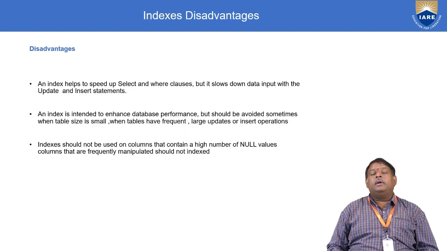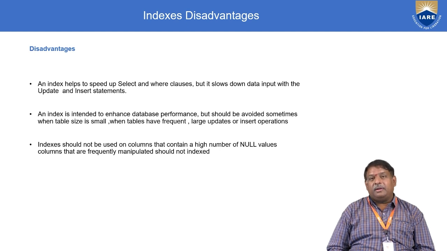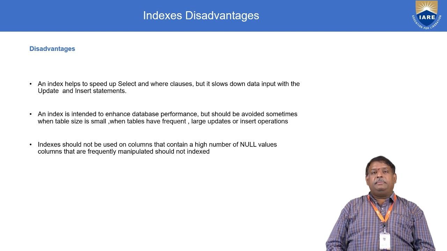Now we will see the disadvantages of an index. An index helps you to speed up select and where clauses, but it slows down data input with update and insert statements.